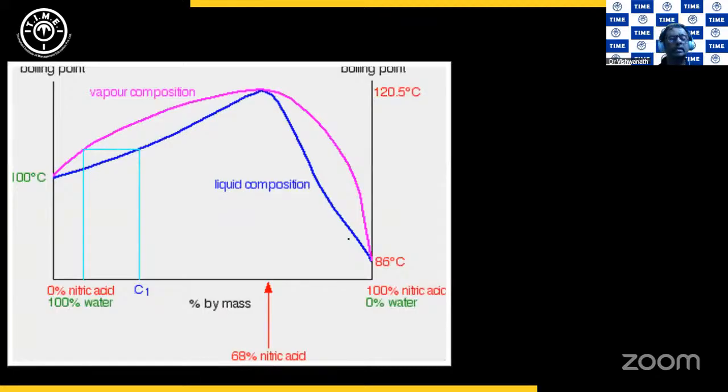Now look at this. Here the boiling point is 120.5, more than the boiling point of 100% nitric acid, more than the boiling point of 100% water. So here we have an azeotrope formed.